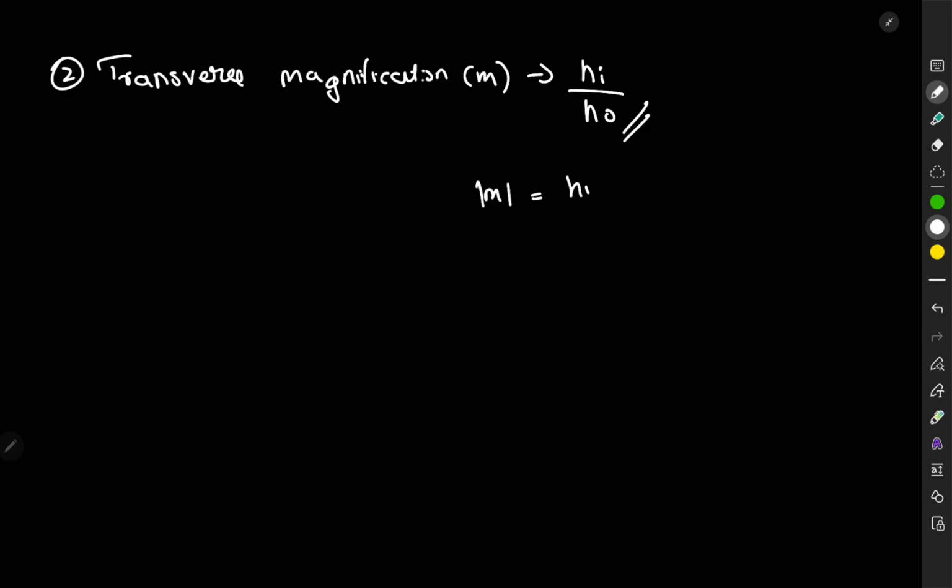So the magnification is hi/ho, which will be equal to -v/u. Take the sign. We need to take the signs of v, u, hi, ho according to the sign convention. Remember, we need to take the sign according to the sign convention for these quantities. Fine.